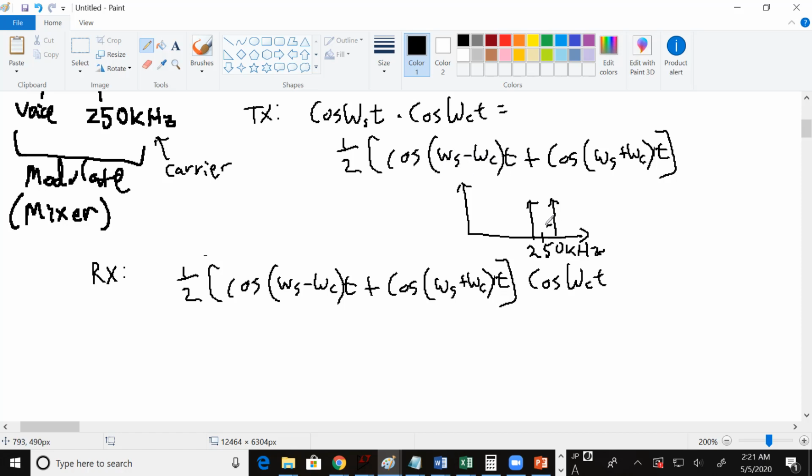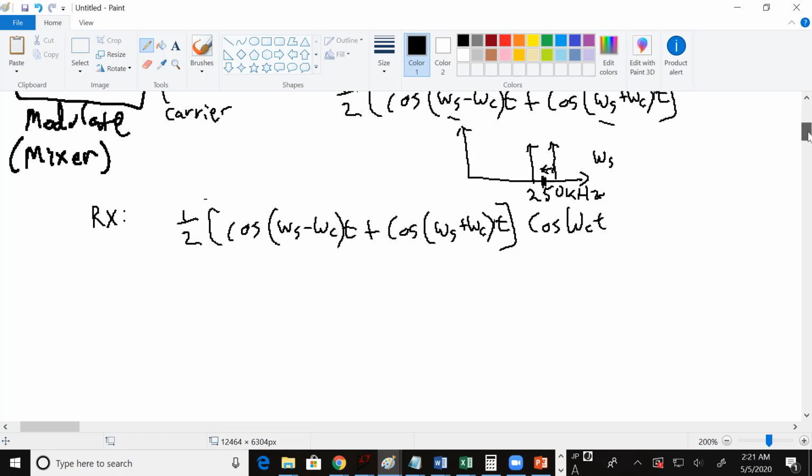So this is actually the distance. If you zoom in, this distance right here is just the frequency of your signal. So it's offset from your carrier frequency on either side by your signal frequency. So that's what gets transmitted.